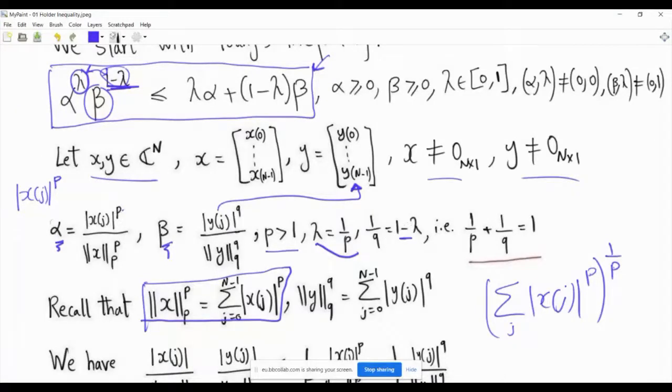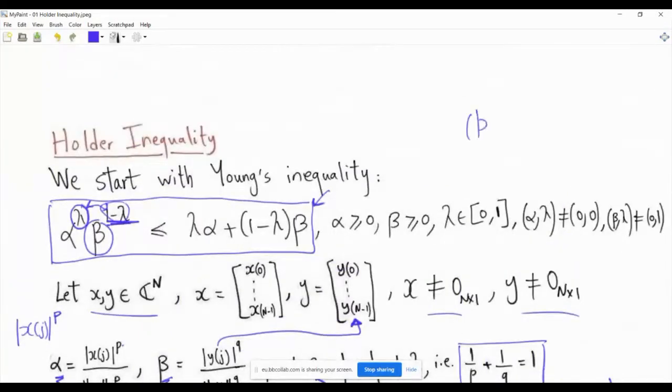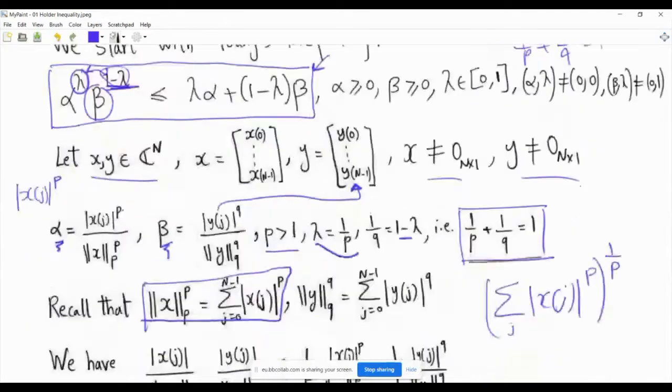Since lambda is 1 over p, the relationship between p and q is that 1 over p plus 1 over q is equal to 1. So Holder's inequality involves the Lp norm of vector x and the Lq norm of vector y, so long as 1 over p plus 1 over q is equal to 1.